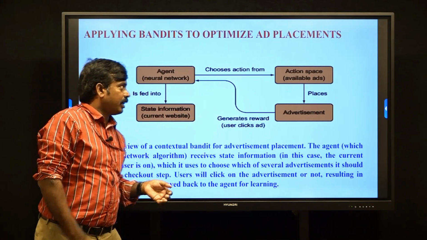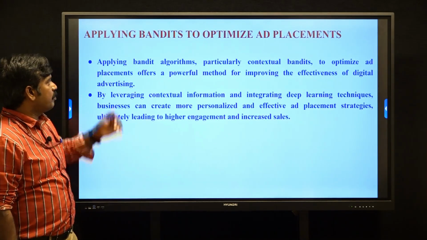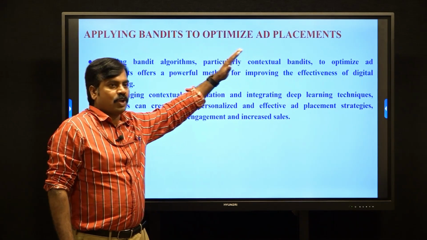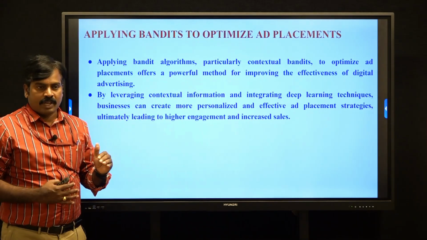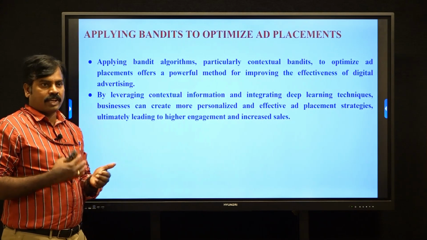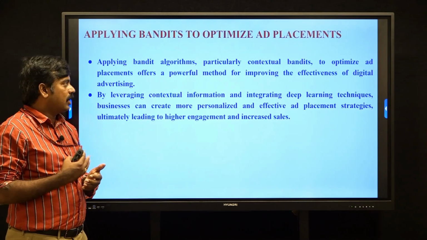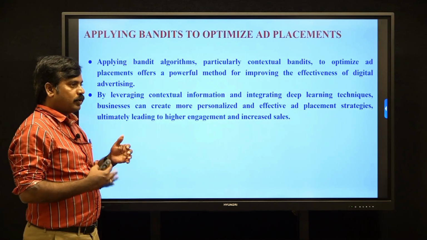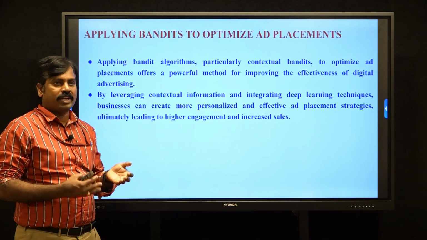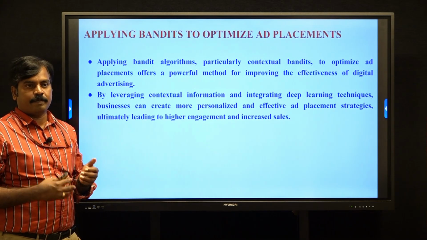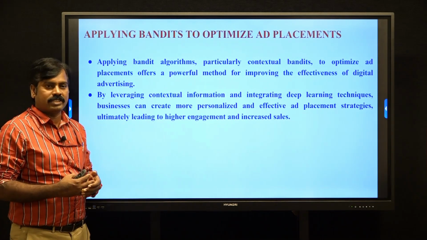So in the multi-arm bandit problem, applying bandits to optimize ad placements, we are using exploration-exploitation balancing techniques, a softmax selection policy with neural networks and deep learning techniques to create the function, the pair matching of the actions and the states.